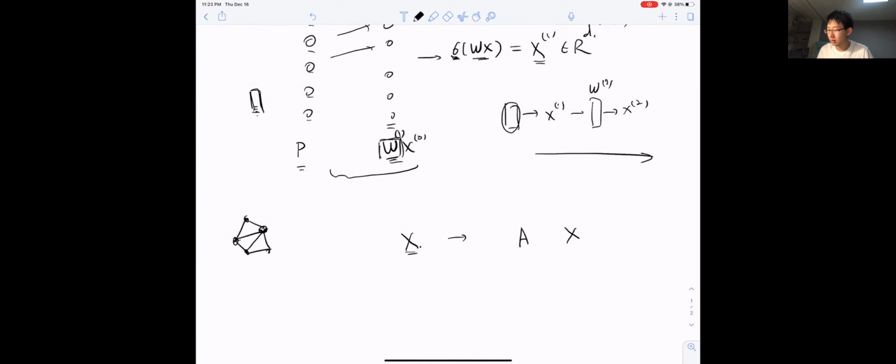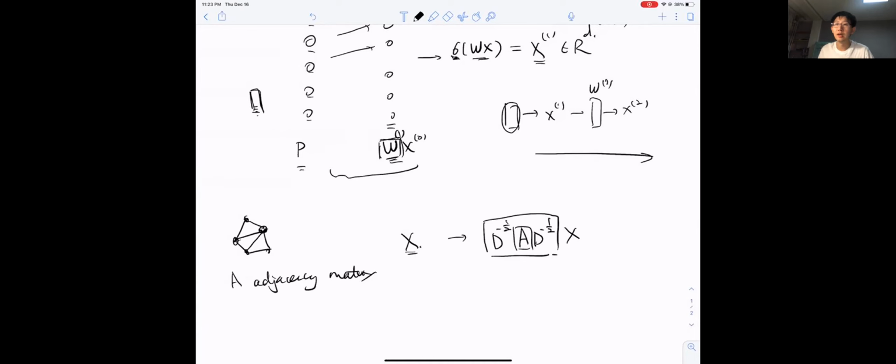If A is the adjacency matrix, which shows the graph structure, we can use what is called the normalized adjacency matrix.